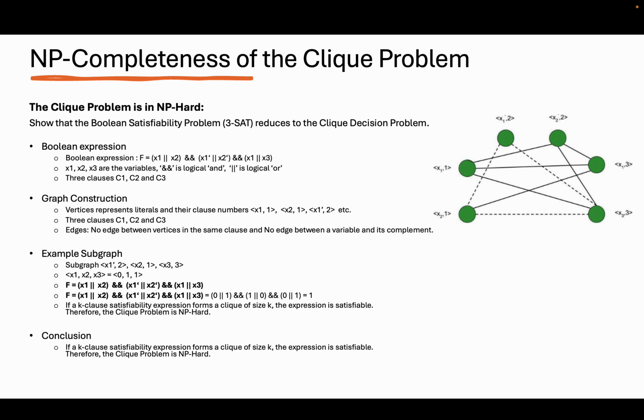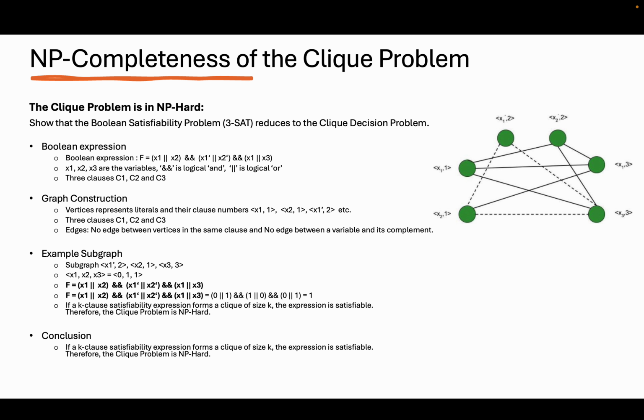I'll take an example of a subgraph. For the Boolean expression, consider the subgraph formed by vertices (x1 complement, 2), (x2, 1) and (x3, 3). You can also see in the figure that these 3 nodes are connected by dotted lines. So these vertices form a clique of size 3 because they are connected to each other.